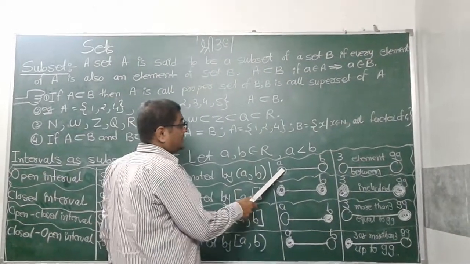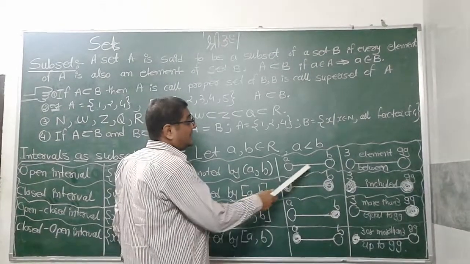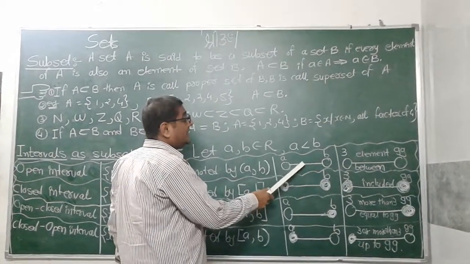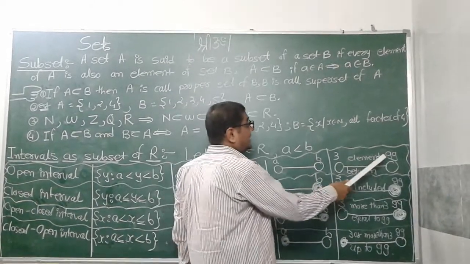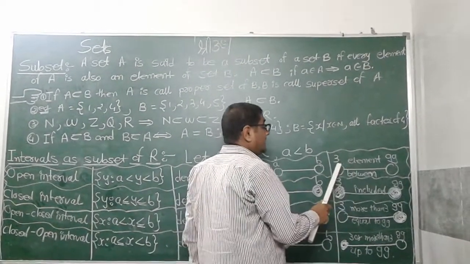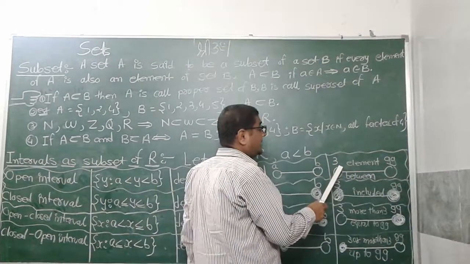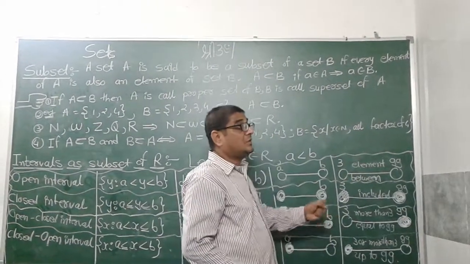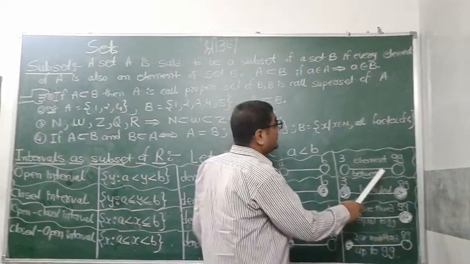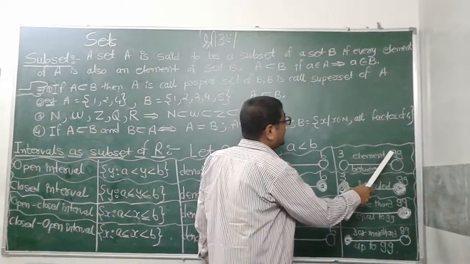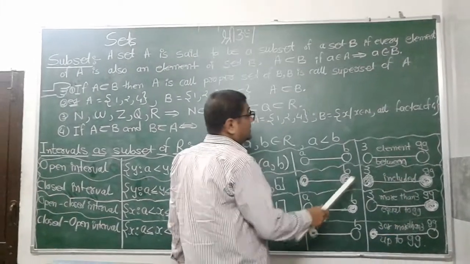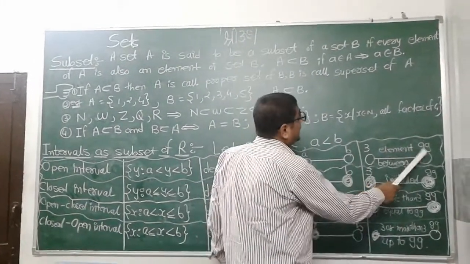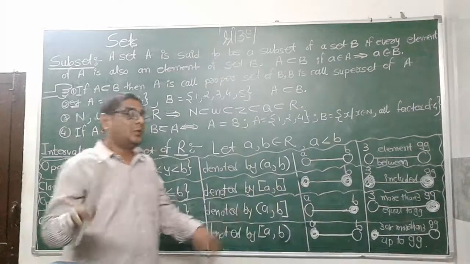On the number line, the elements a and b are not included. If we say 3 and 99, here 3 is not included, but 3.1, 3.2 and so on are included, up to 98.99999 going on. So the elements 3 and 99 are not included.